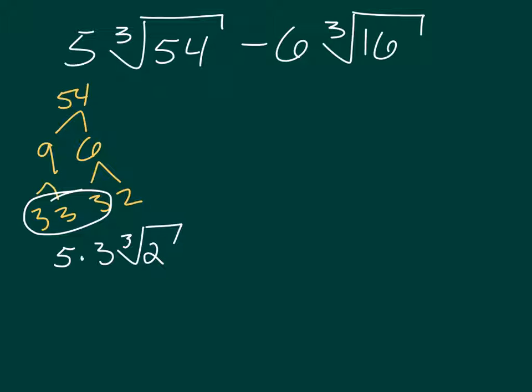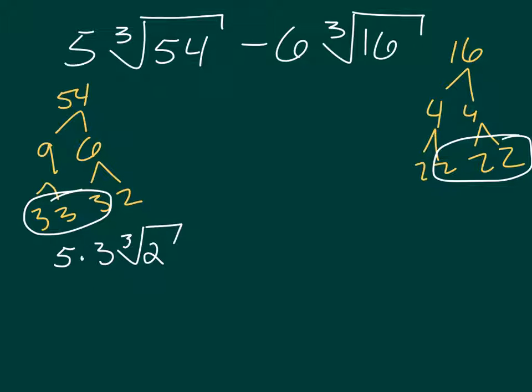Now we better check 16 also. So what's 16 break down into? 4 and 4. 2, 2, 2, 2. We're still looking for groups of size 3. Okay, and so we have one right there. So we have minus 6 times the 2 that we brought out, cube root of 2. And so in fact we can get these down, right, because we have the cube root of 2 in each term.